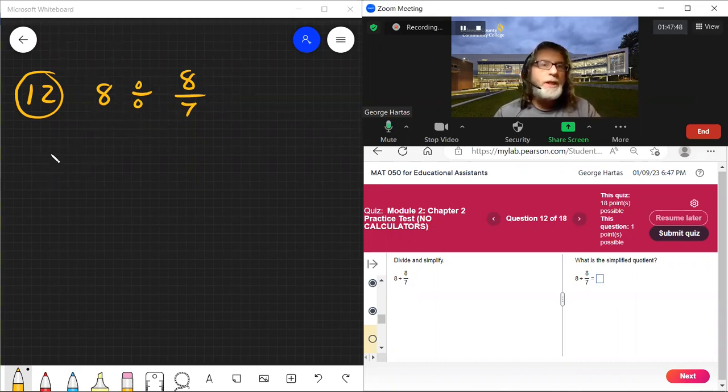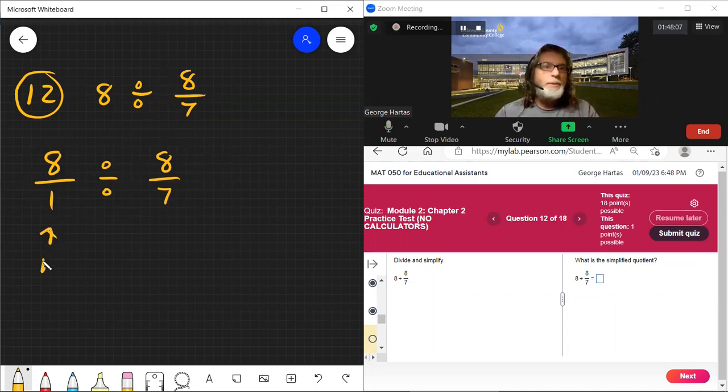So we're going to change the 8 to 8 over 1 divided by 8/7. We just did a problem where we divided two fractions, so now we know how to handle that. Again, we're going to do keep, we're going to do change, and we're going to do flip.